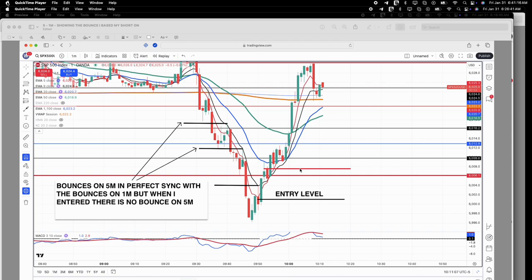And when you look at 5-minute chart, this particular point is not confirmed as a bounce of an EMA on 5-minute chart.